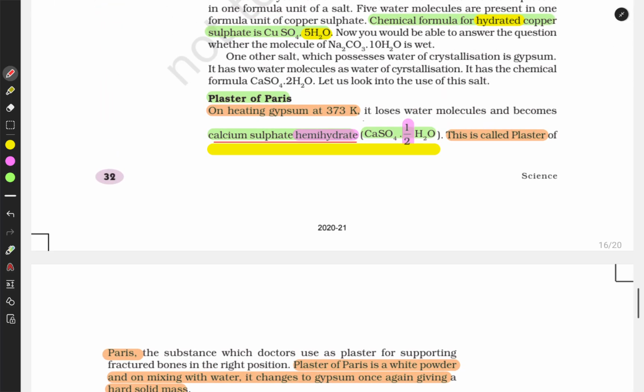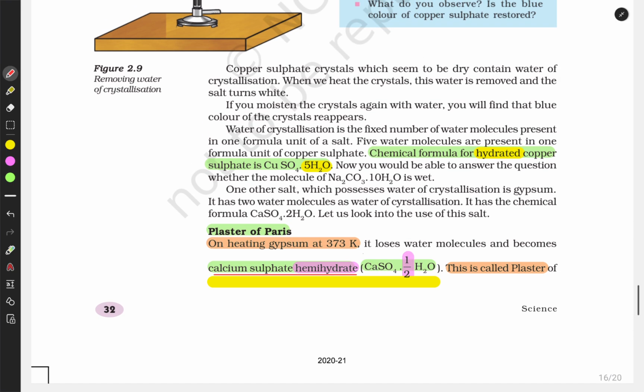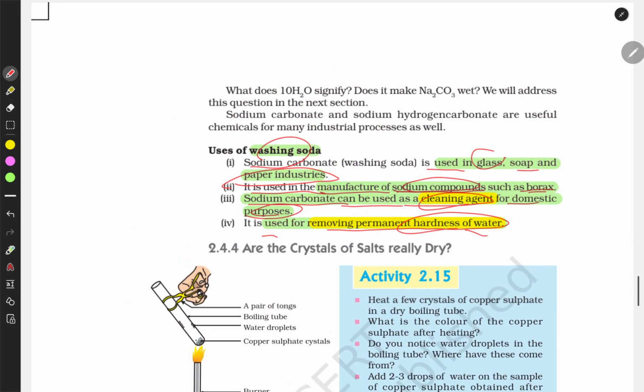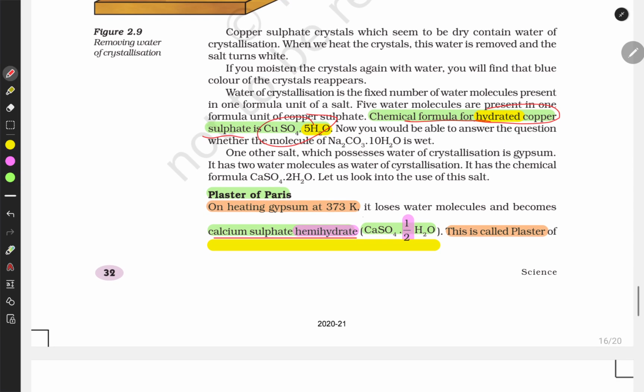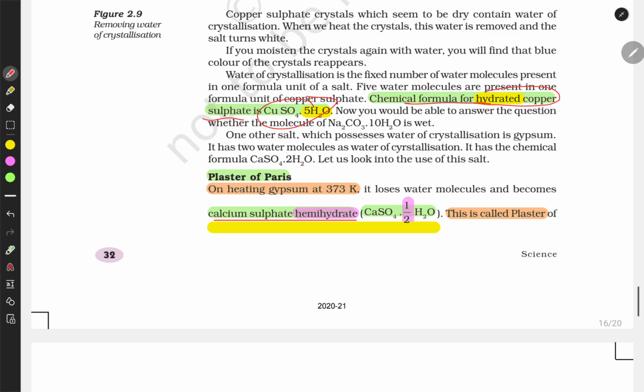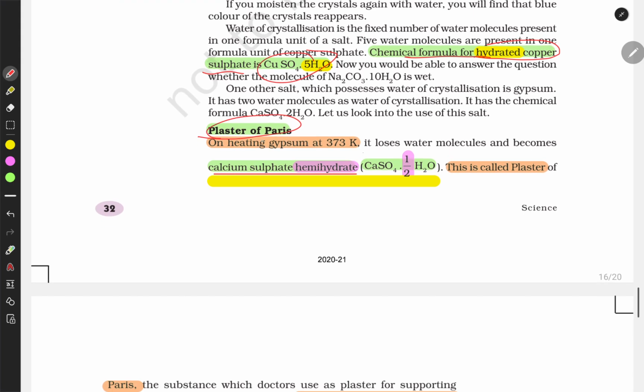And the last thing is plaster of Paris. The chemical formula is CaSO4·½H2O. On heating gypsum at 373 Kelvin, it loses water molecules and becomes calcium sulfate hemihydrate.